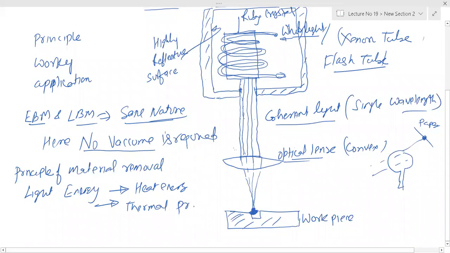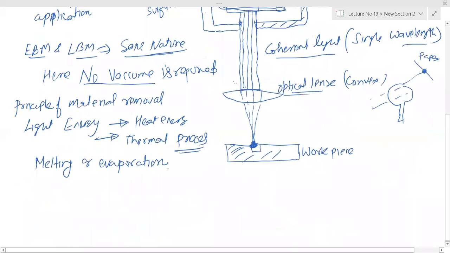Thermal process means metal is removed by melting or evaporation. And here the normal atmosphere is used, as I said.